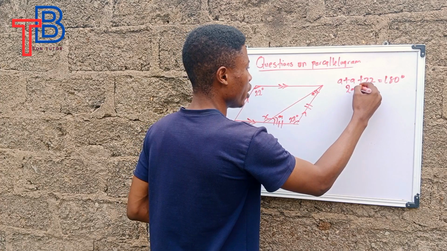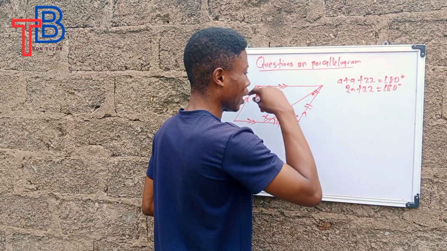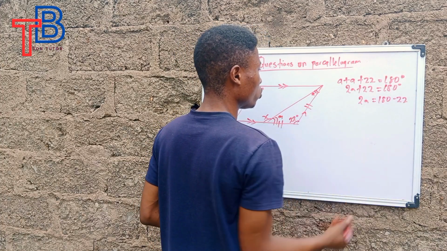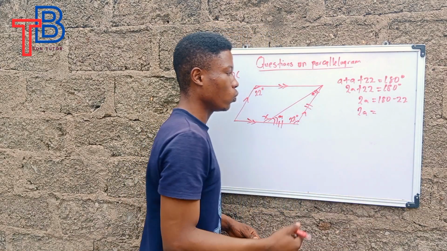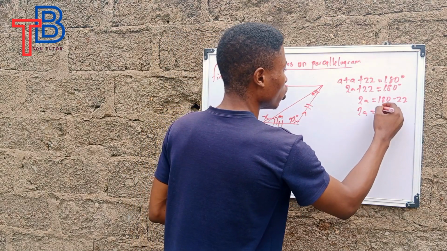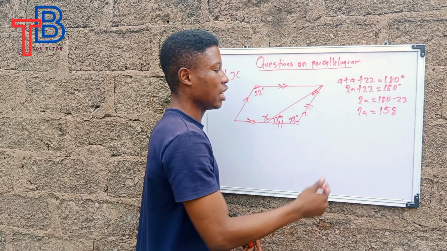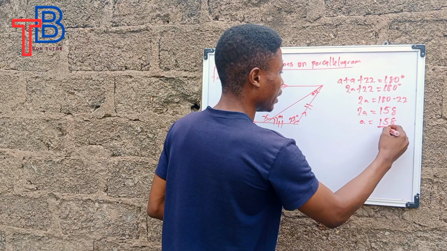Therefore, we have 2a plus 22 equals 180 degrees, and 2a is equal to 180 minus 22, which will give us 158. Therefore, your a is equal to 158 divided by 2.